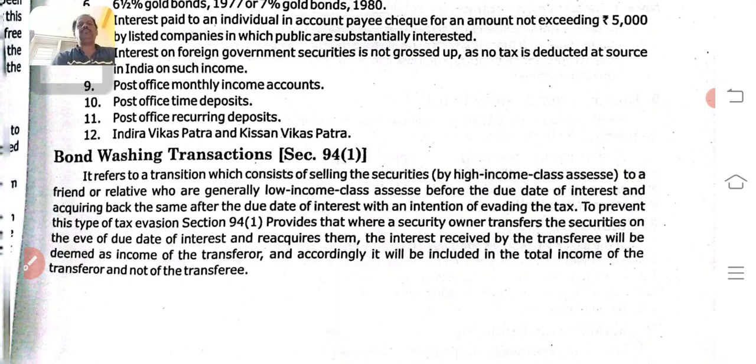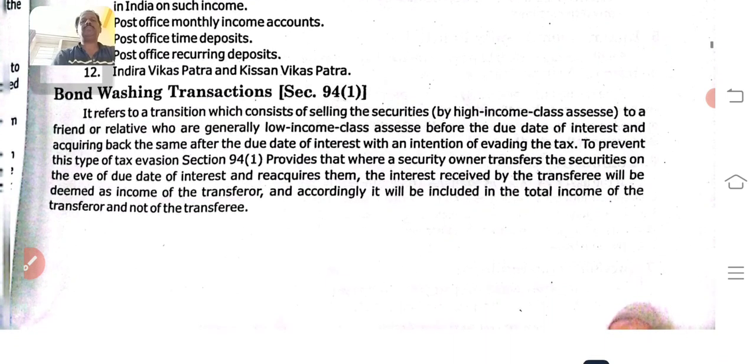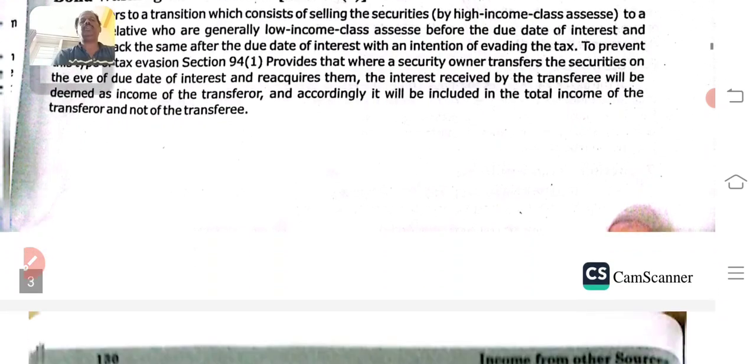To prevent this type of tax evasion, section 94 subsection 1 provides that where a security owner transfers the security on the eve of the due date of interest and reacquires them, the interest received by the transferee will be deemed as income of the transferor, and accordingly it will be included in the total income of the transferor and not of the transferee.